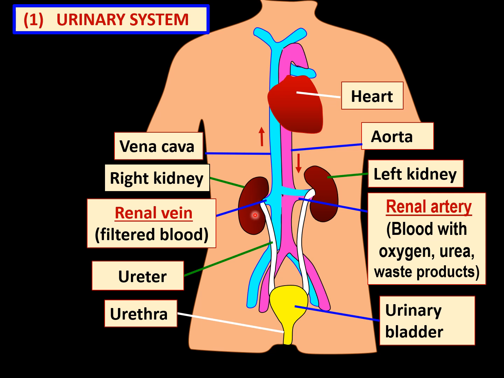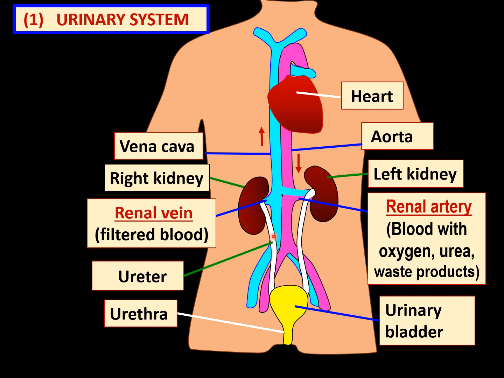But the blood has been filtered, meaning that it has less waste products, less urea or no urea, and less uric acid, less ammonia. So renal vein will combine together with the other veins, and it will form the vena cava, which transports the filtered blood and deoxygenated blood back to the heart.